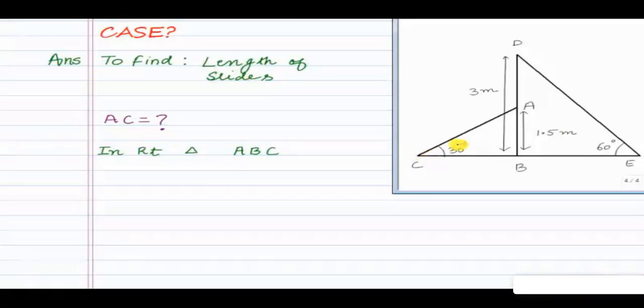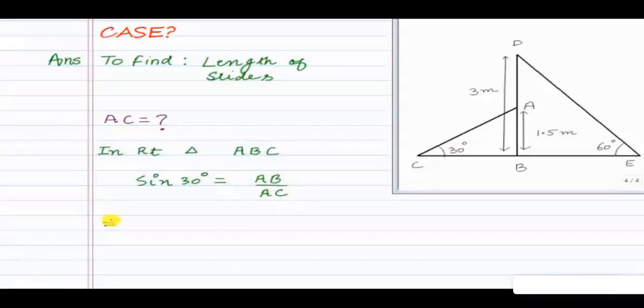So we will make use of the ratio of sine. Now sine 30 degree will be equal to opposite side over hypotenuse, and for angle of 30 degree, the opposite side is AB and the hypotenuse is AC. So sine 30 degree is equal to AB over AC.